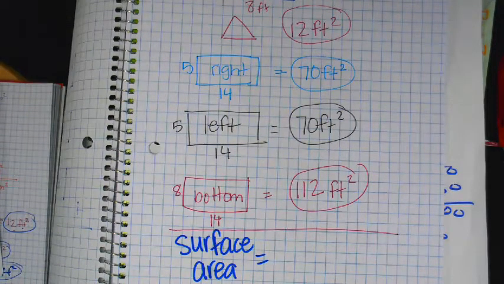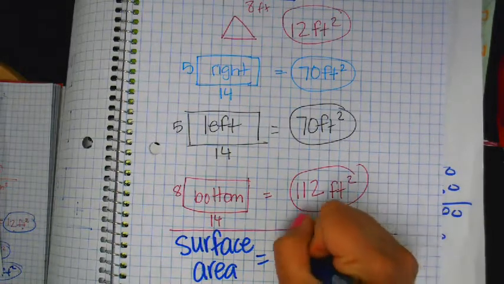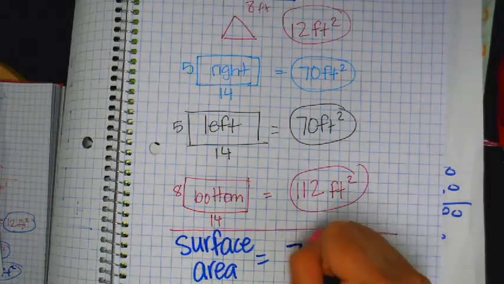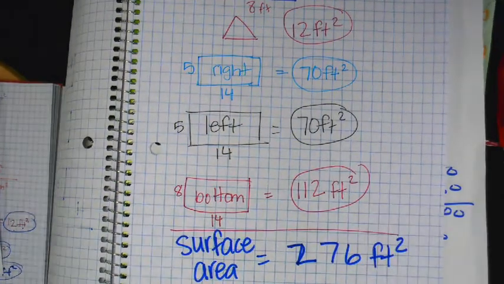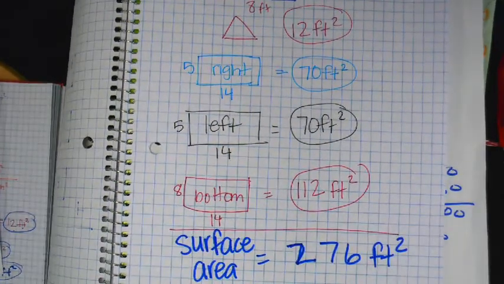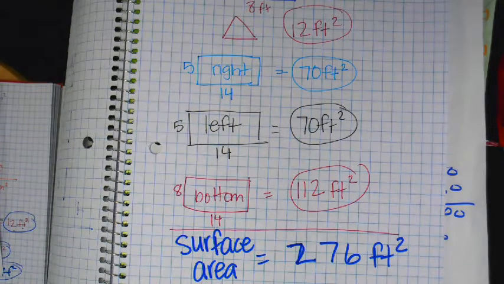Yep. 276 feet squared. How many of you got that before we finished? Good job. That's really good. You should be really proud of yourselves for that. If you stayed with us and you are getting it, hey, that's awesome too.